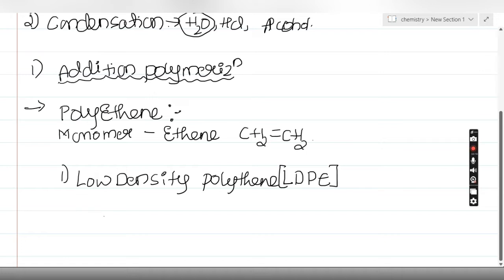And now how is it prepared? As you know, we take the ethene molecule, CH2=CH2, n times, and simply polymerize it.